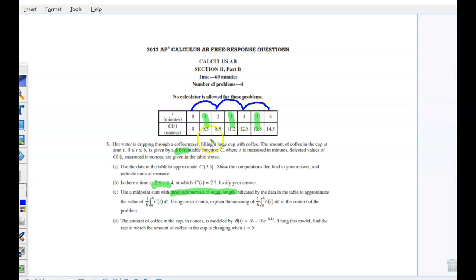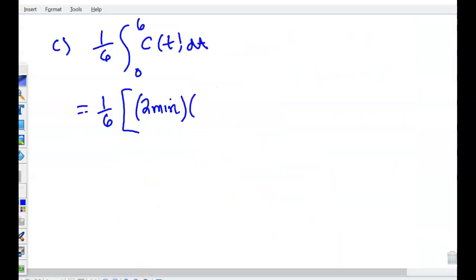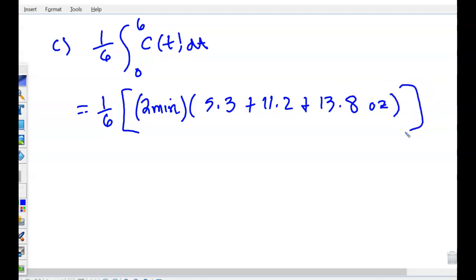So it's 5.3, 11.2, and 13.8. 5.3 plus 11.2 plus 13.8, and these are in ounces.